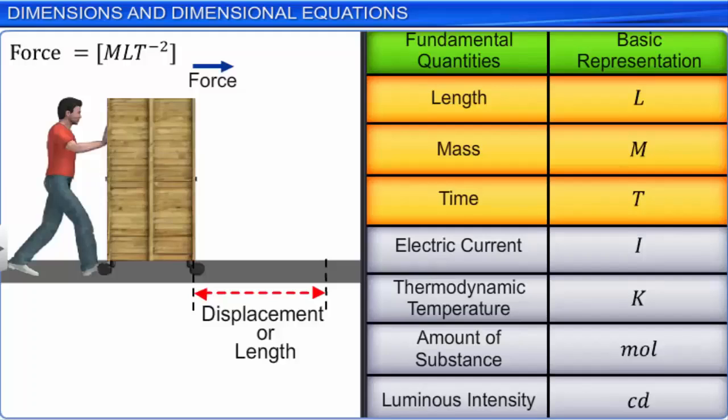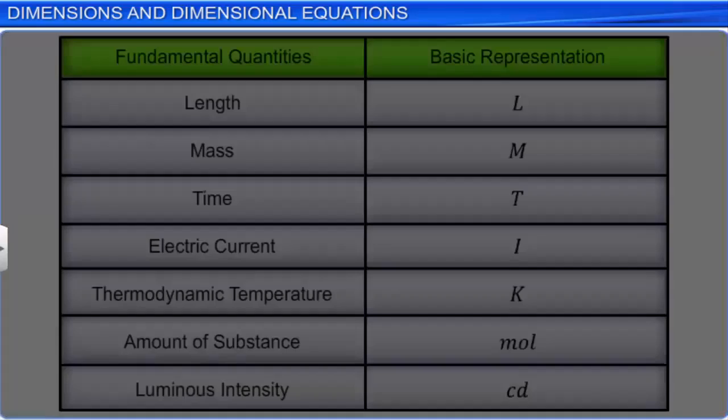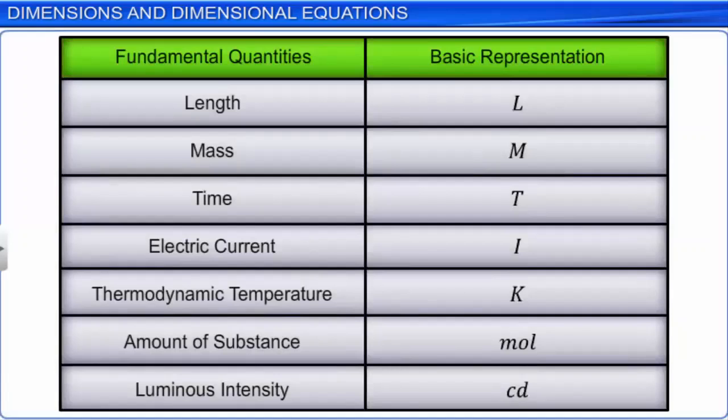Thus, we can say that the dimensions of all the other 4 base quantities in the expression for force are equal to 0. In mechanics, most derived quantities are related to only the 3 base quantities of the 7, namely mass, length and time.